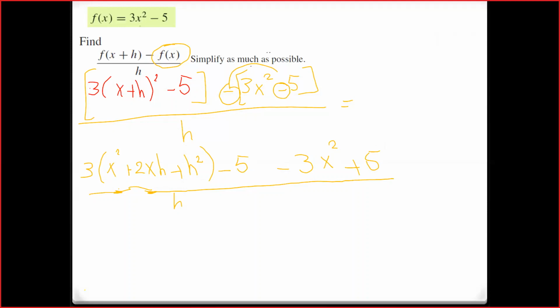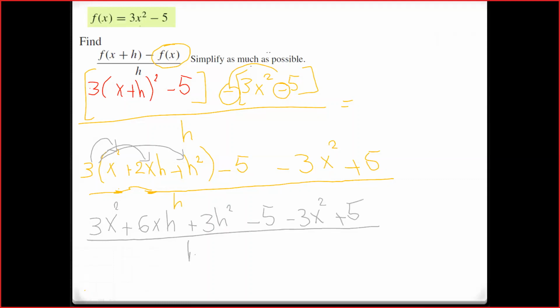Now, I will distribute the 3 on each term. So it will be 3x squared plus 6xh plus 3h squared minus 5 minus 3x squared plus 5 over h.